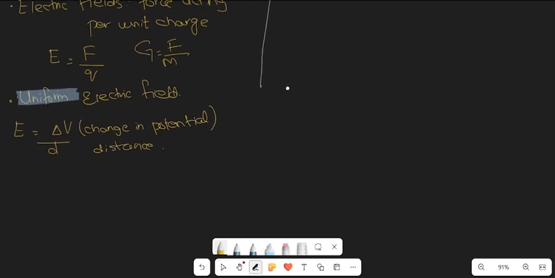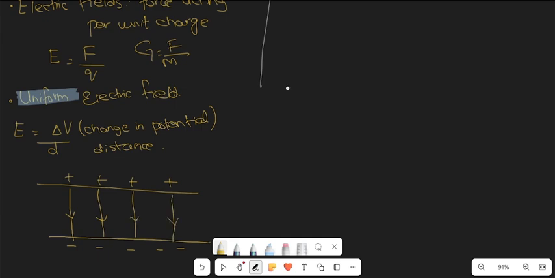Let's say you have this, and then you have this, and plus, this is the negative side. Now they are uniform, that means they are separated by an equal distance. So this is what makes it always go from positive to negative.